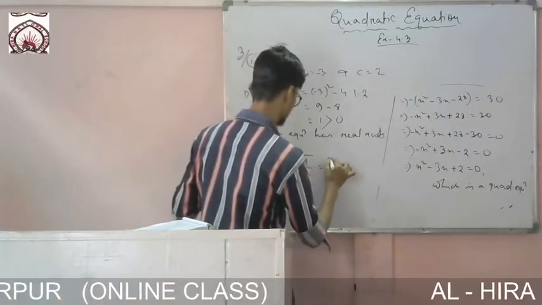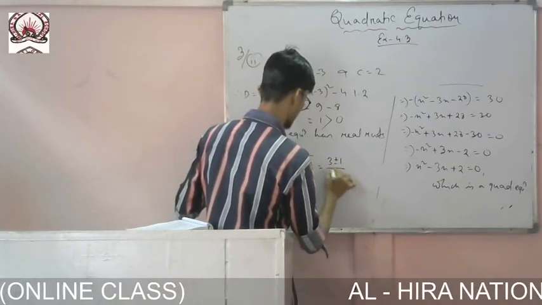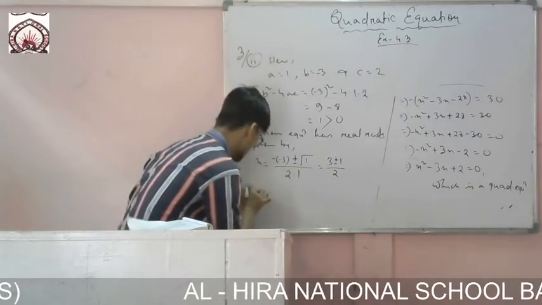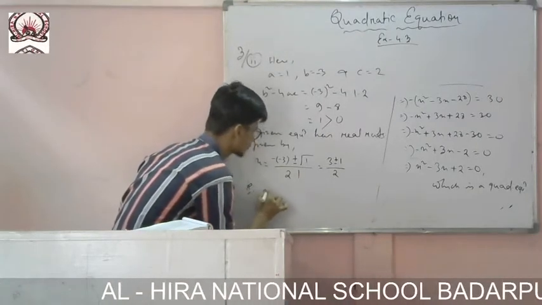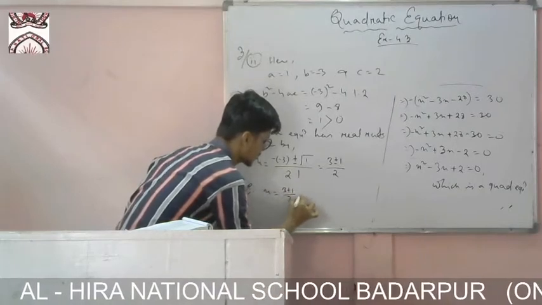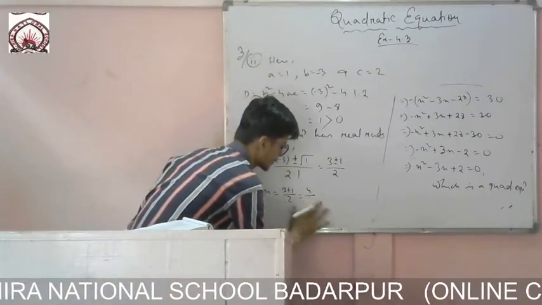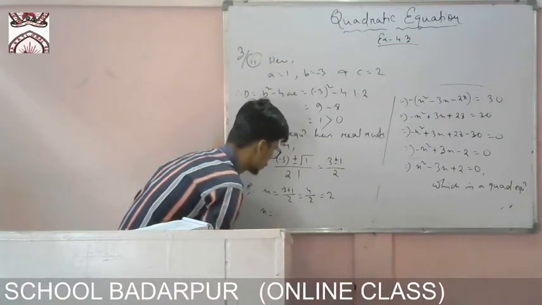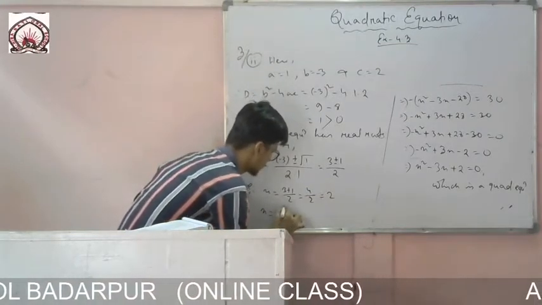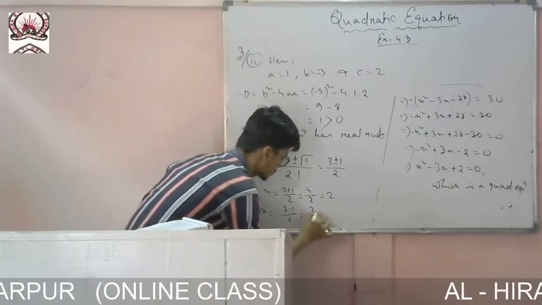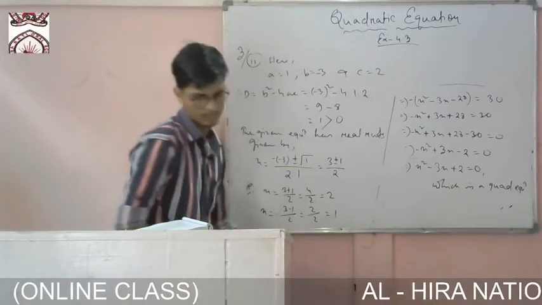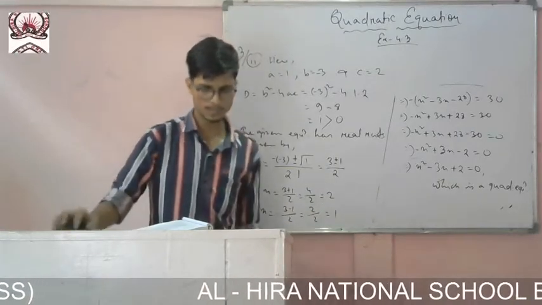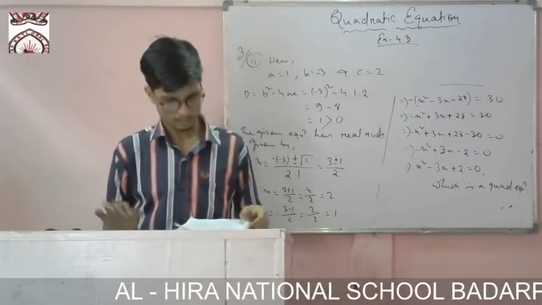So it is 3 plus or minus 1 by 2. That means x equals 3 plus 1 by 2, that is 4 by 2, that is 2, or 3 minus 1 by 2, that means 2 by 2, that means 1. Therefore the roots of the equation are 2 and 1.